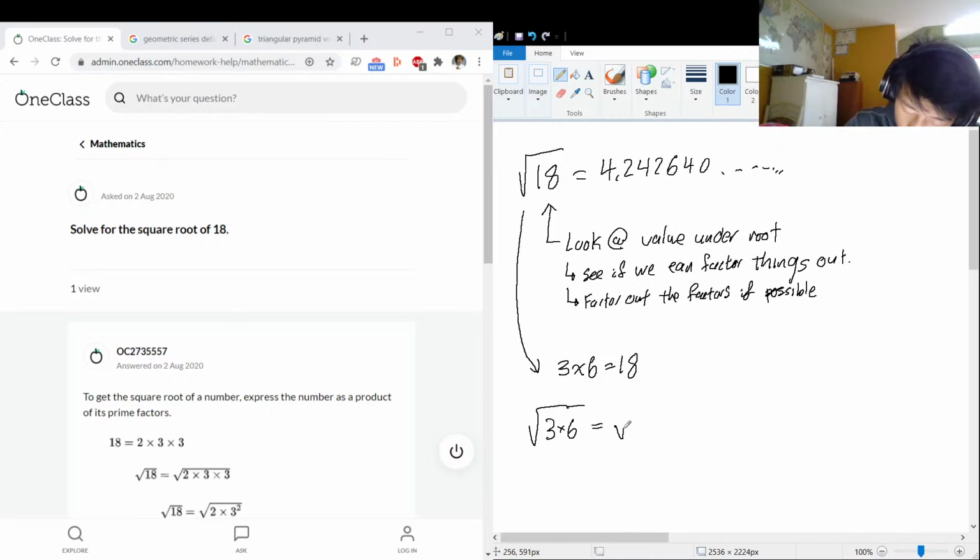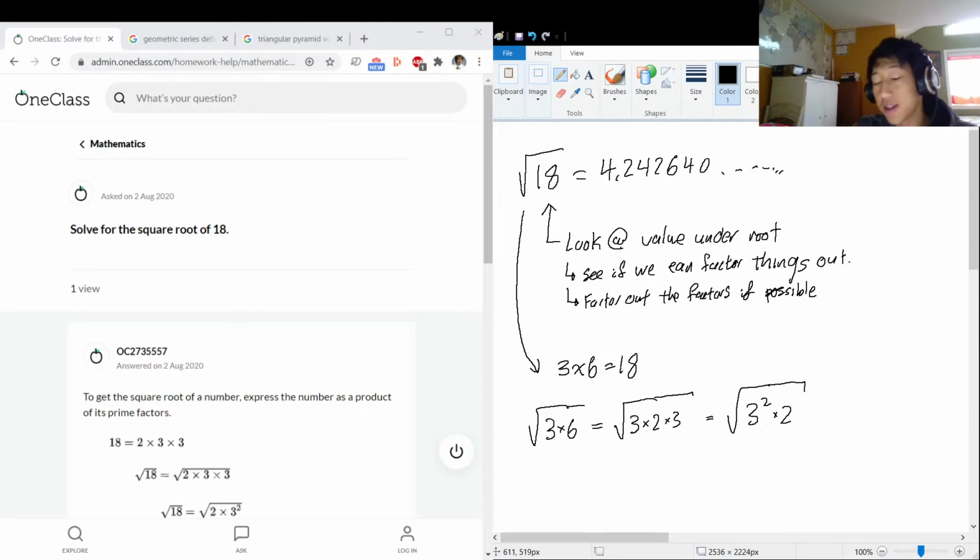So we can do the root of 3 times 2 times 3. Now when we get all of the terms under the root to be prime numbers, essentially, we can combine them. Hey, we got 2 3's. How about we write them as 3 squared times 2?